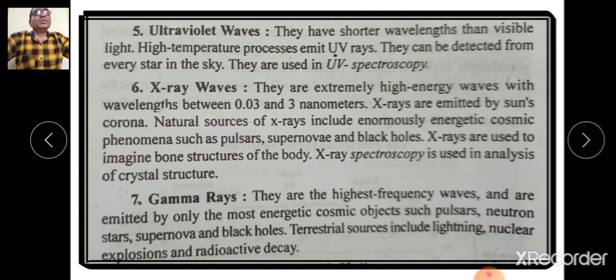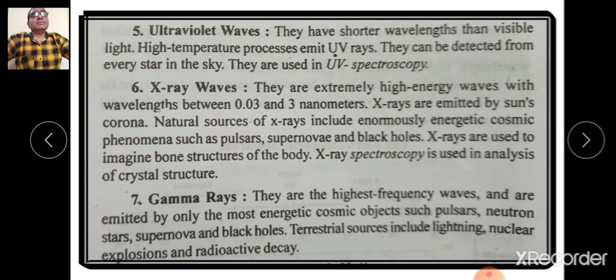The X-rays are used to image the fractures of bones in the bodies. Their use in the spectroscopy is in the X-ray spectroscopy for the analysis of crystal structure.